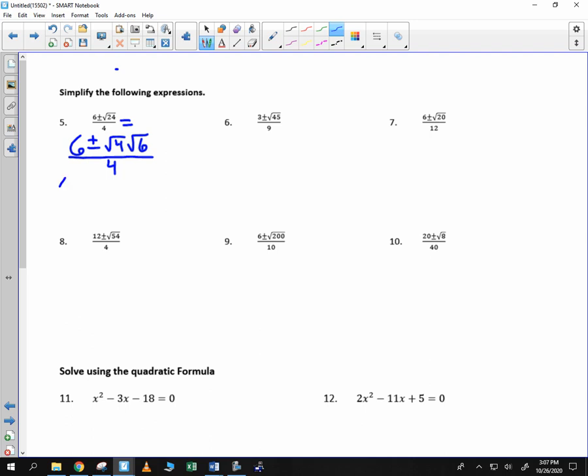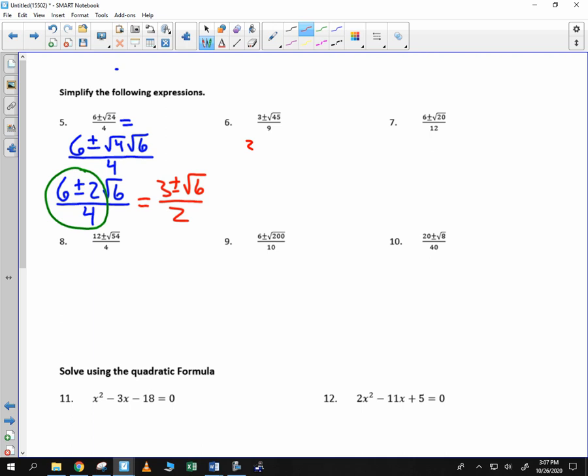Square root of 4 is 2, so 6 plus or minus 2 roots of 6 all over 4. Notice that all of these are divisible by 2. So if you factor the 2 out of the top, you can divide by 2 on the bottom. You get 3 plus or minus the root of 6 over 2.